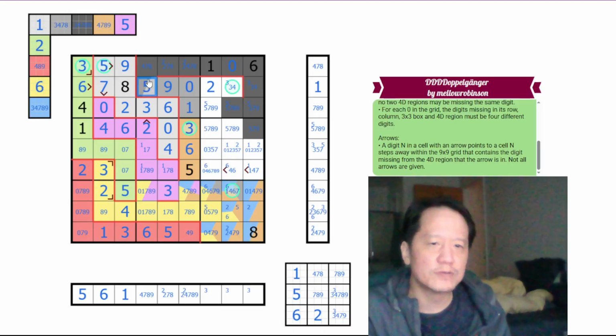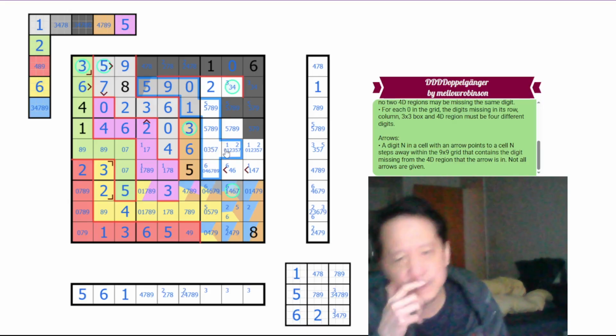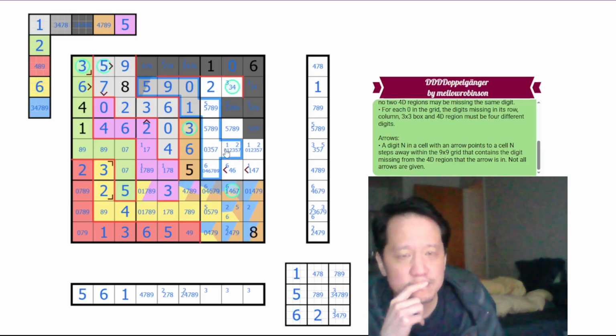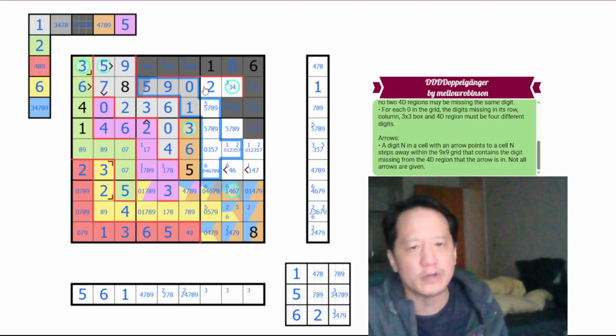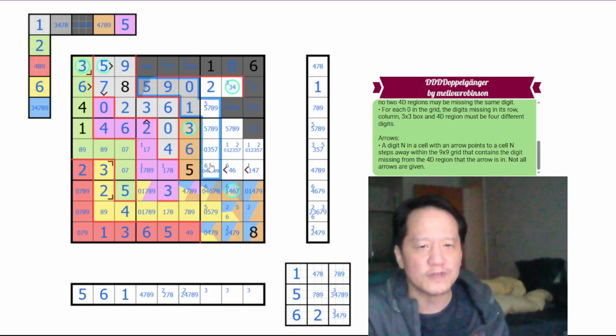If this is gray, okay, so how does this access whatever? If this is medium gray, it can't be part of orange because of the double 5s. It needs a 2, so it could be 1, 2, 3, 4, 5, 6, 7, 8, and 9. That's possible. And it would have to be because it cannot be part of this 2. So how does that work if this is the medium gray?